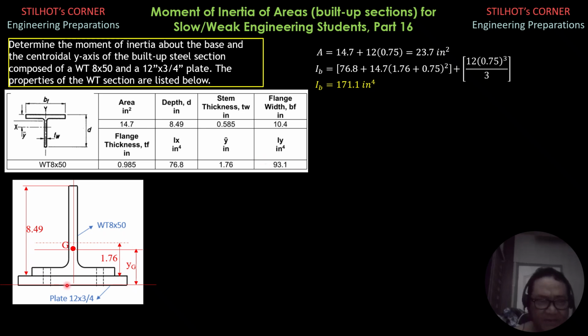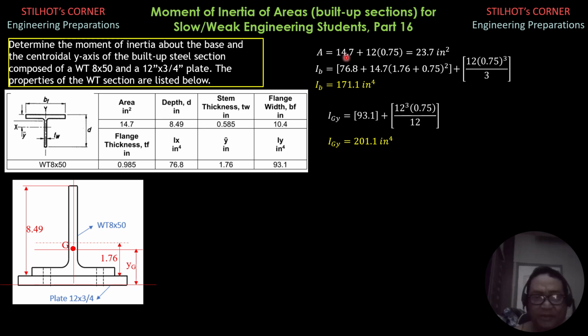For the rectangular plate, it is 12 cubed times 0.75 over 12. So IGY is 93.1 for the WT section plus 12 cubed times 0.75 over 12. So IGY equals 201.1 inches to the fourth.